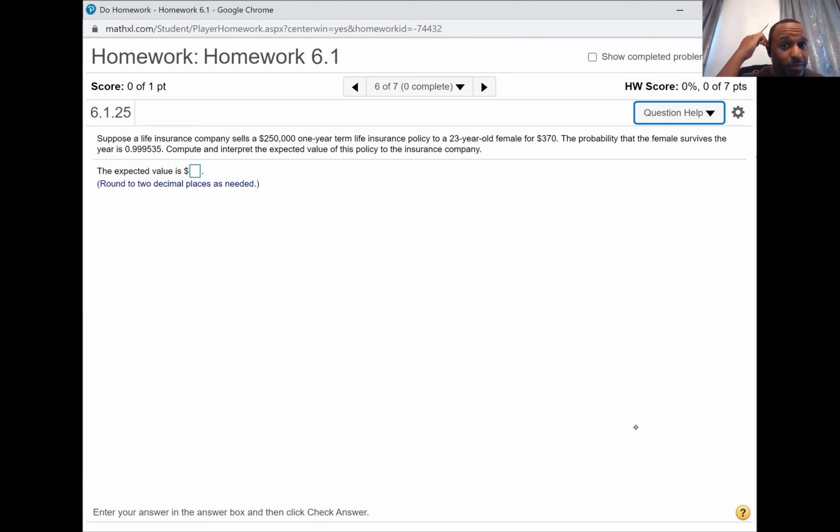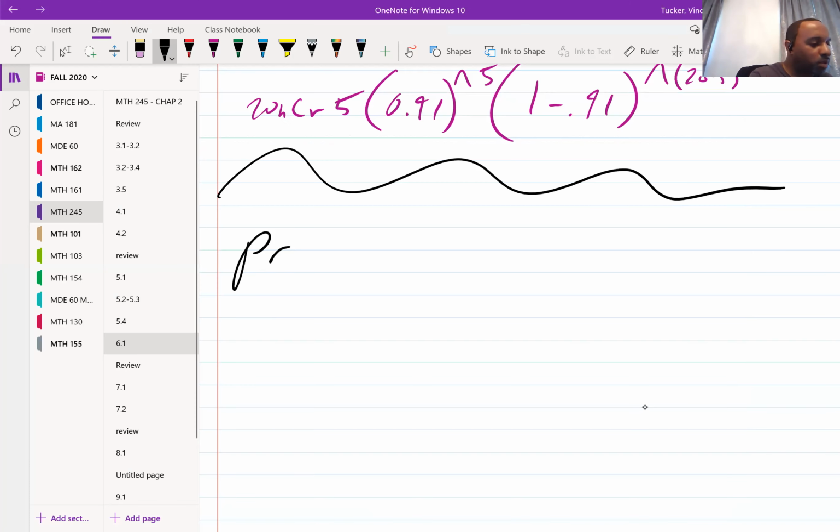Compute and interpret the expected value of this policy to the insurance company. So, get some stuff. And of course, everything I just took a picture of is deleted. All right, I took a picture of all that, so I wanted to keep going back and forth. So give me a second. Strategy.